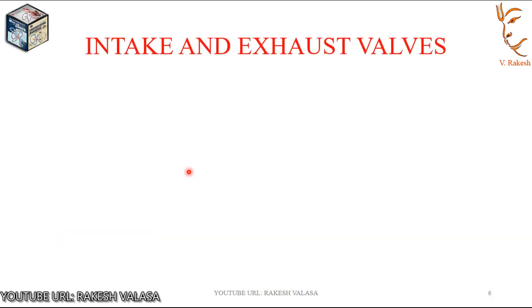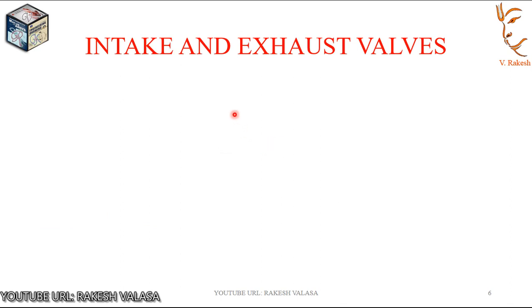Next topic is inlet and exhaust valves. The function of the intake and exhaust valve is to open and close the openings between the intake or exhaust ports and the combustion chambers.